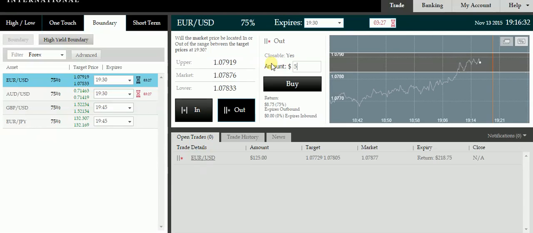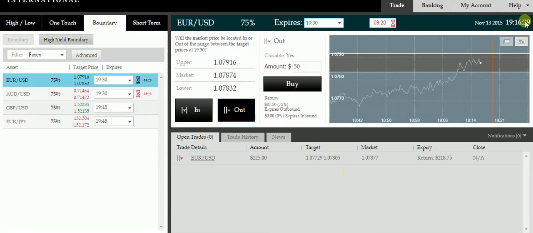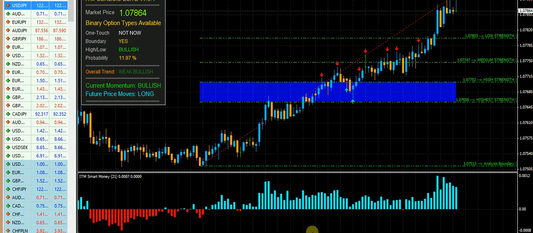And our investment amount of $50. So right now we'll come back to our initial investment amount. So we're just looking here for that minute to expire to enter our trade. So let's just wait here on our MetaTrader platform.